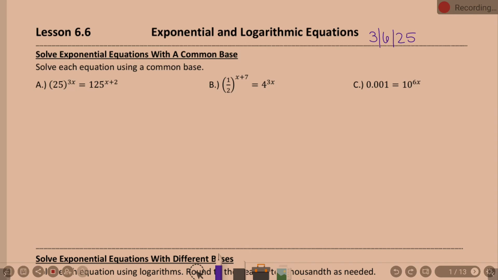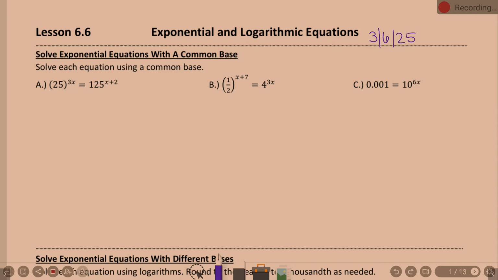As we look at this first set, we are solving exponential equations. The title of this section is Solving Exponential Equations with a Common Base. So solve each equation using a common base, meaning we can get a common base. Look at your bases.